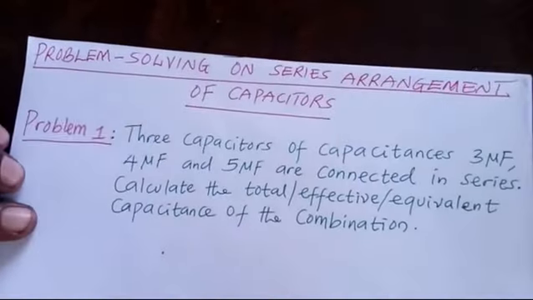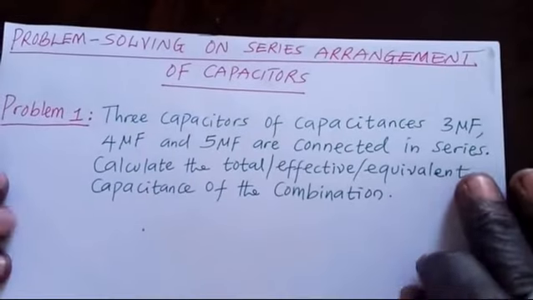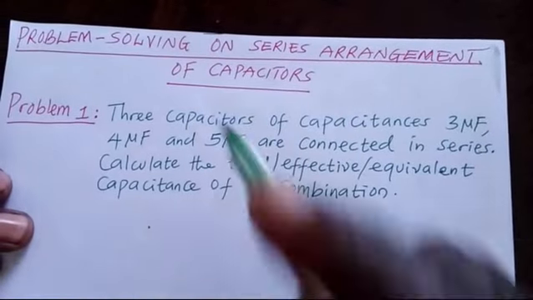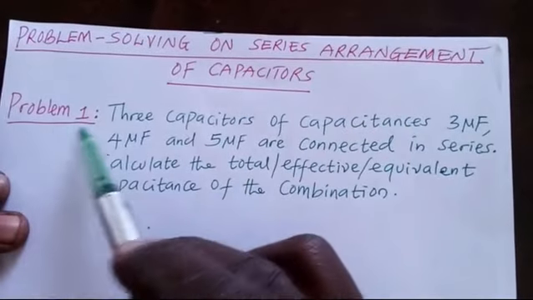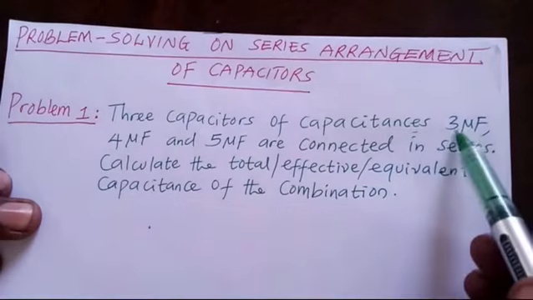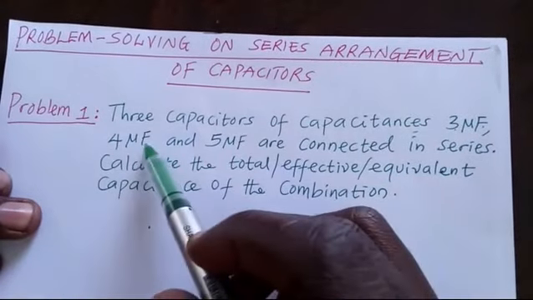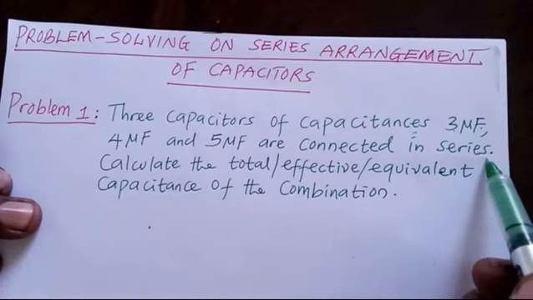Let's see problems related to that one. Here is problem solving on series arrangement of capacitors. Problem 1 says 3 capacitors of capacitances 3 microfarad, 4 microfarad, and 5 microfarad are connected in series.